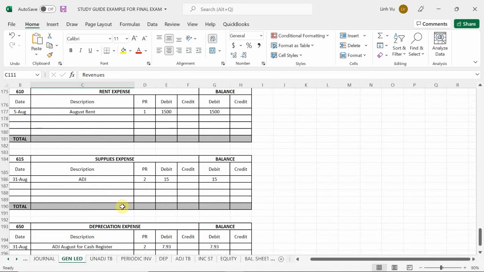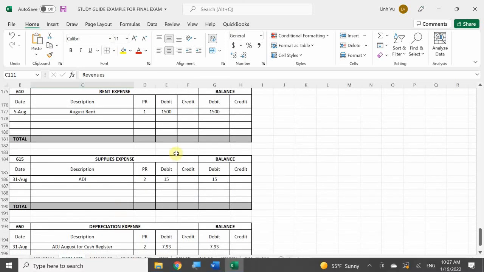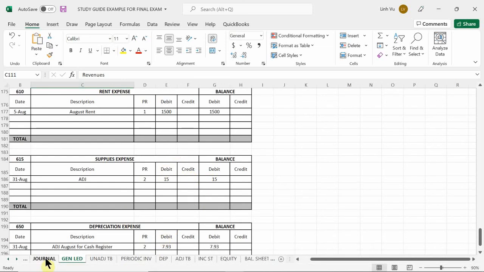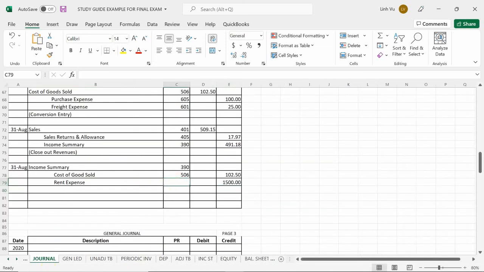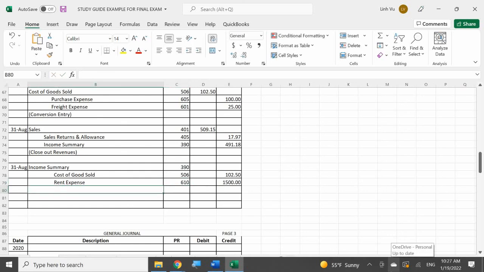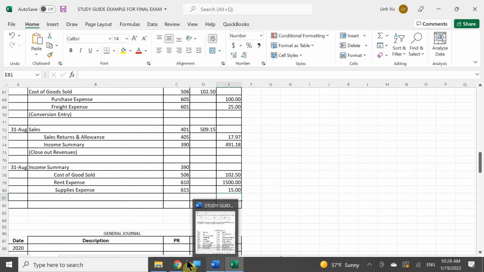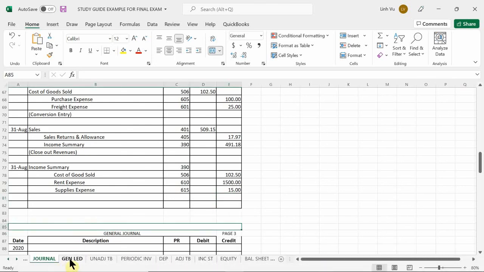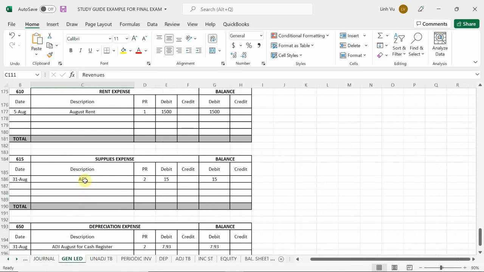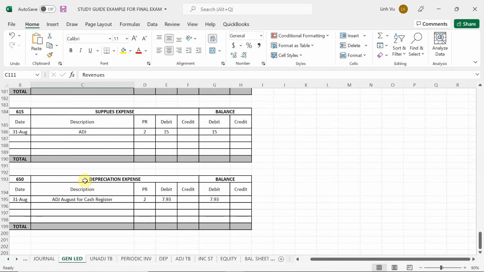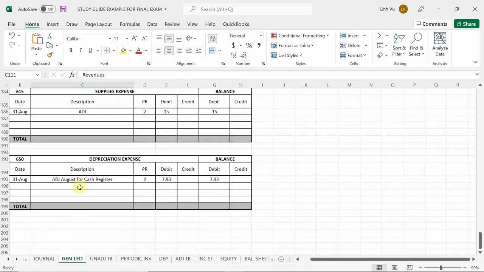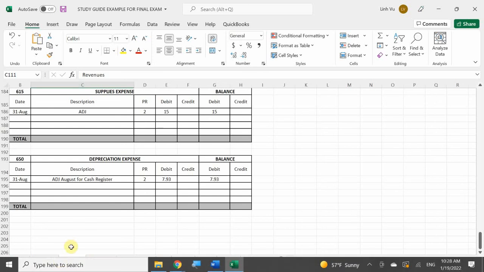Then we have supplies expense for $15. And then we have depreciation expense, account number 650 for a total of $7.93.